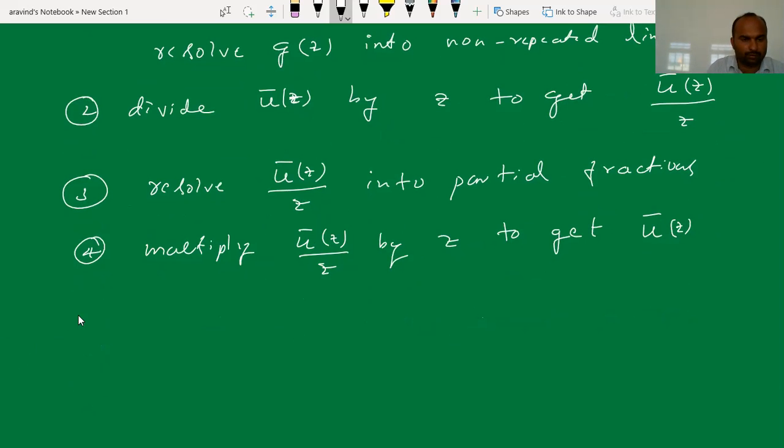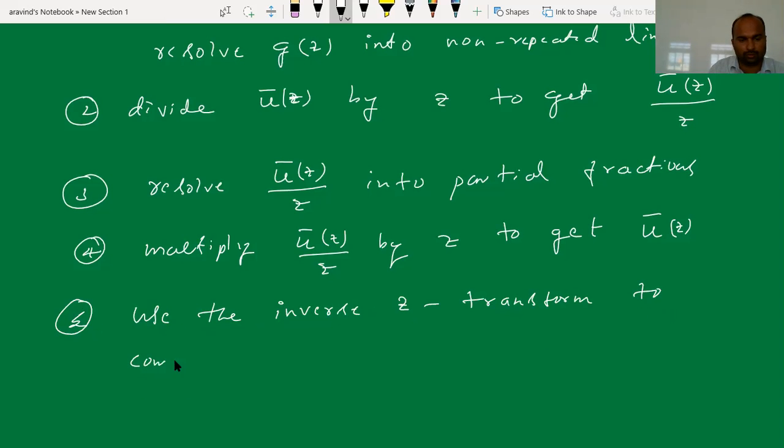For the fifth step, use the inverse z transform formula to compute the inverse z transform of the given function.